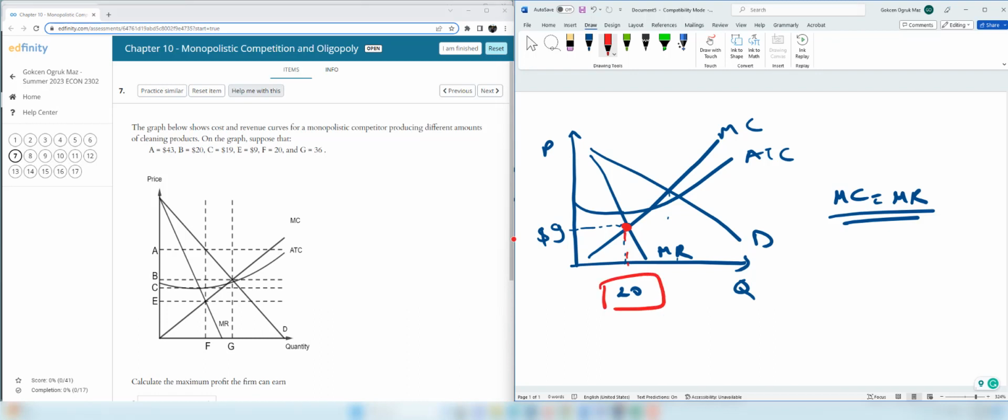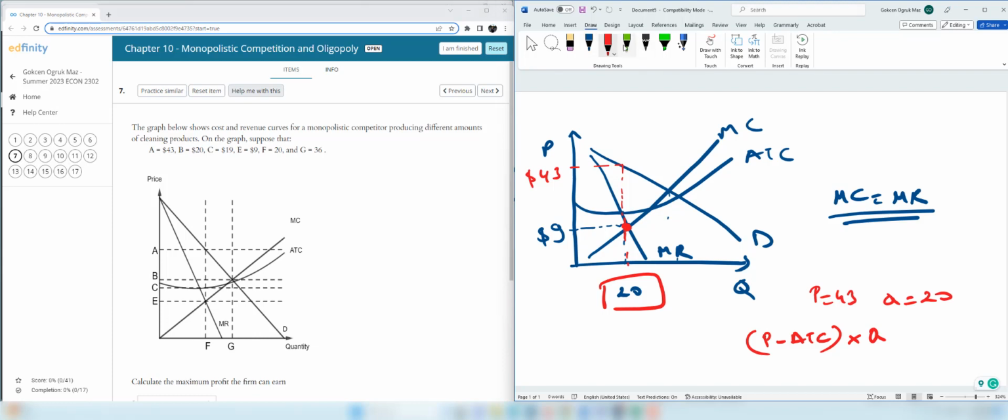Now we need to find the profit maximizing price. We need to go up to the demand curve to find the price, and that's point A. Point A is $43. So we know that the profit maximizing price is $43 and quantity is 20. To calculate profit, I will use this formula: P minus ATC tells us per unit profit, times the quantity. So I need ATC.